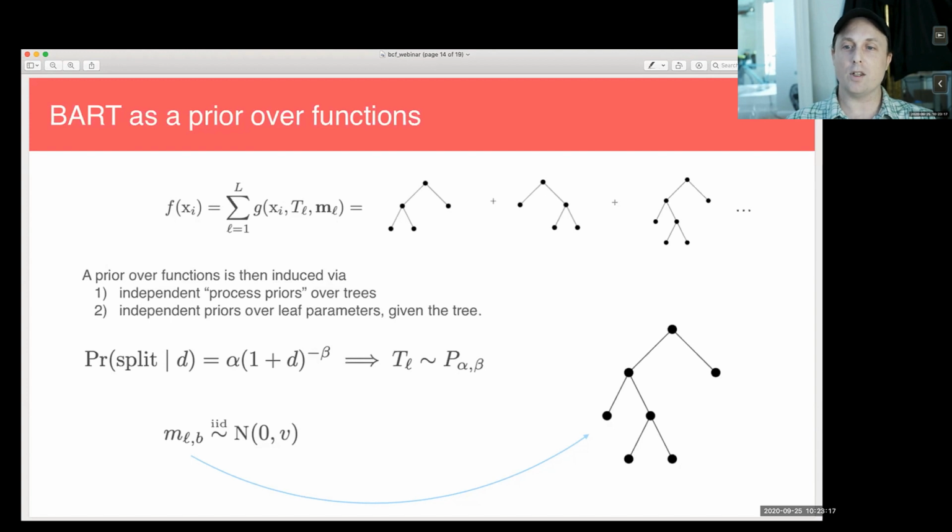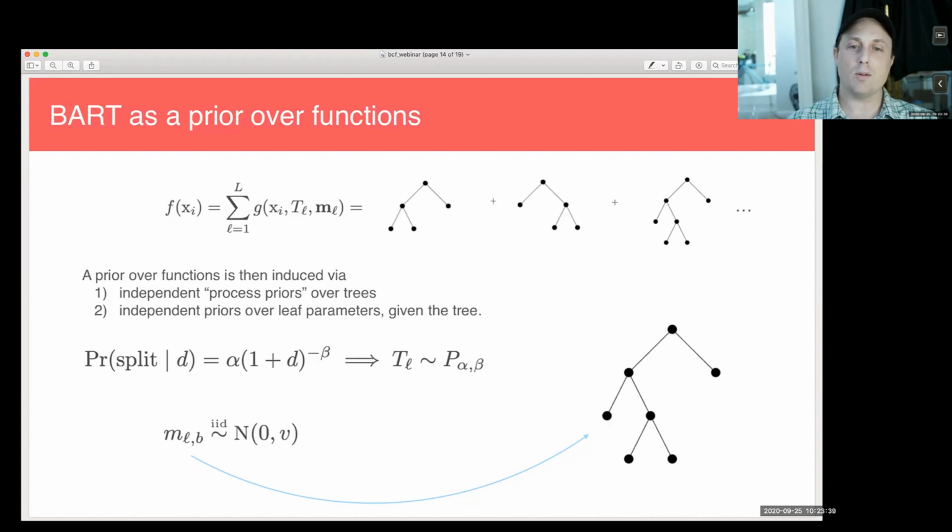In particular, the probability of splitting at depth d has this nice convenient form, and that implies a particular prior over any tree. It's parameterized by two hyperparameters, alpha and beta. Alpha governs how likely you are to split, and beta determines how much you're penalizing deeper trees.